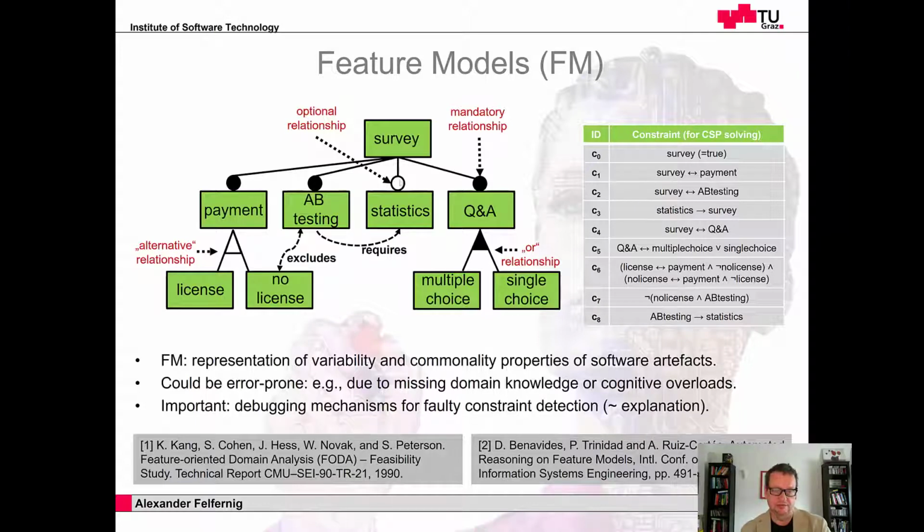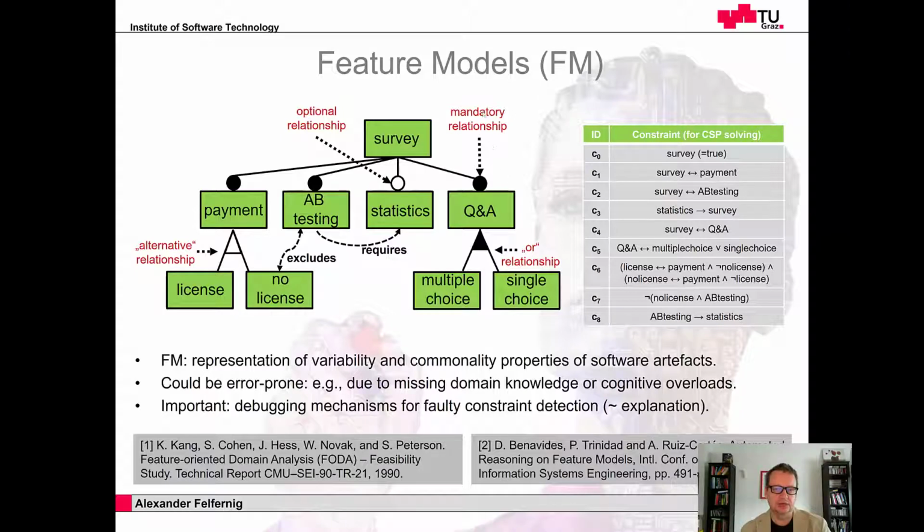These models typically have a hierarchical structure, and there are different types of relationships that can be used to specify additional properties that have to be taken into account. For example, we have an optional relationship between features, which means that here in this example, the statistics feature could be included in a configuration, but it's an option.